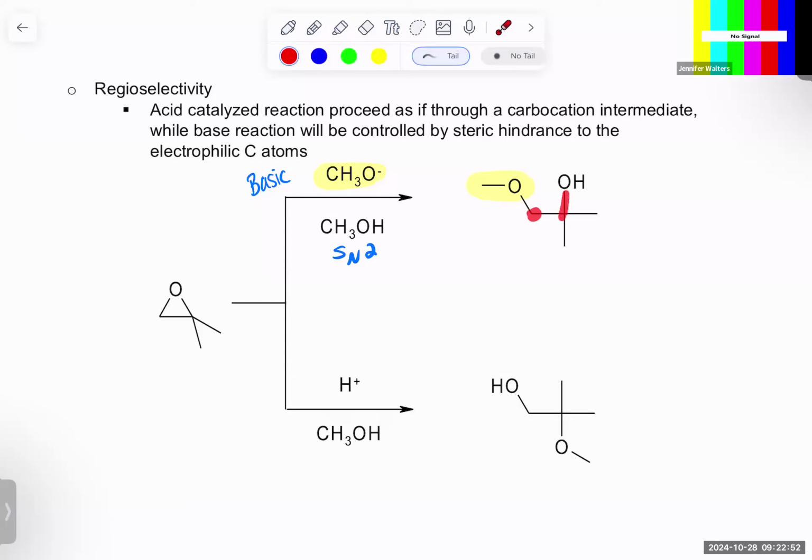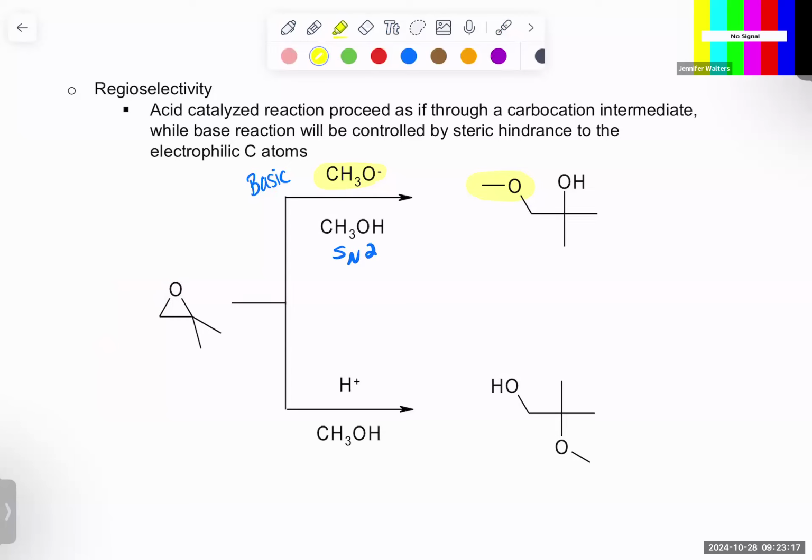You keep the oxygen of the epoxide attached to one of the carbons. And for the SN2, your oxygen of the epoxide is on the more substituted side, because you're going to have the nucleophile come in and open the ring on the left-hand side. So you get your nucleophile on the left for this molecule.